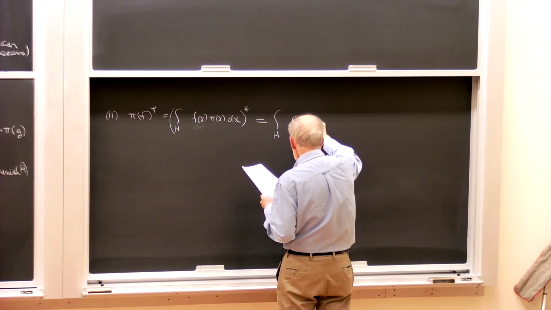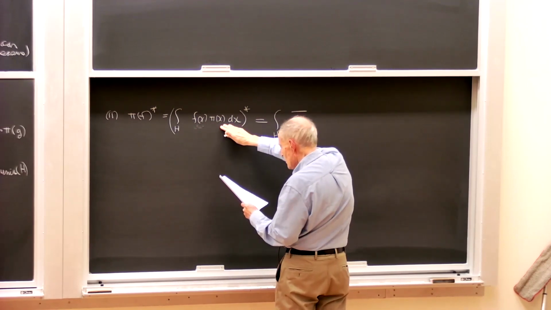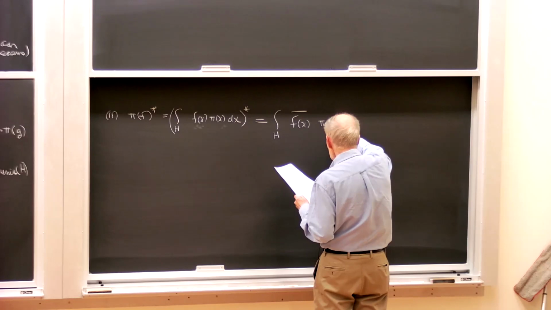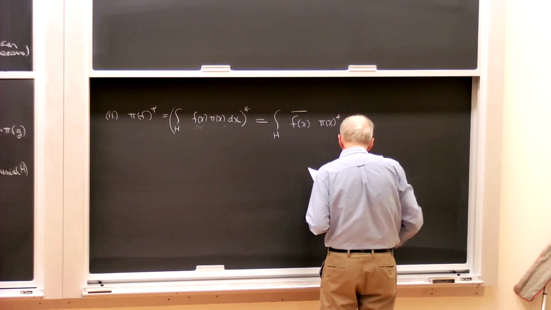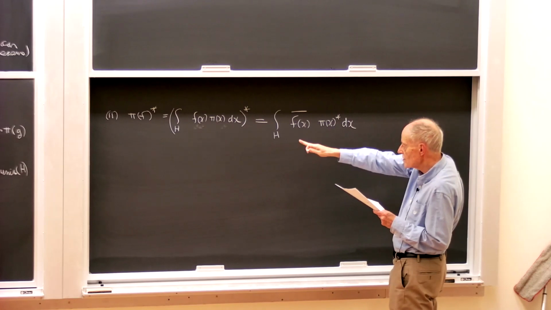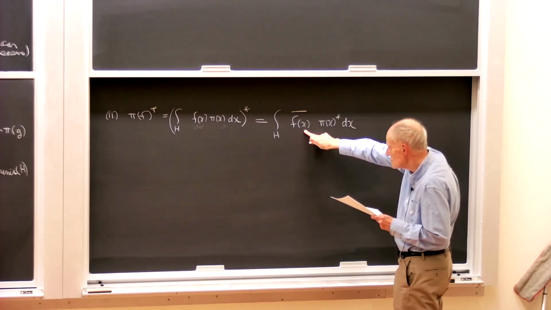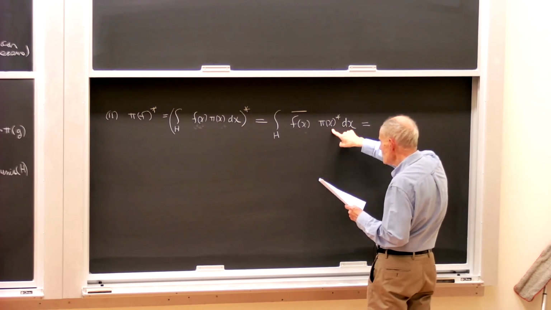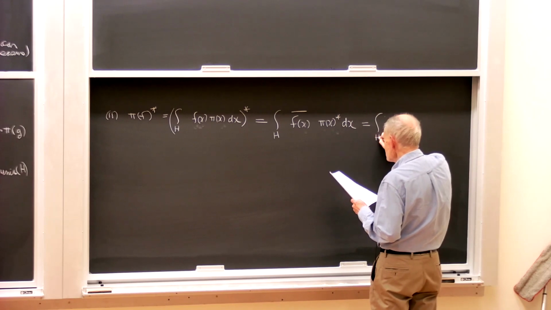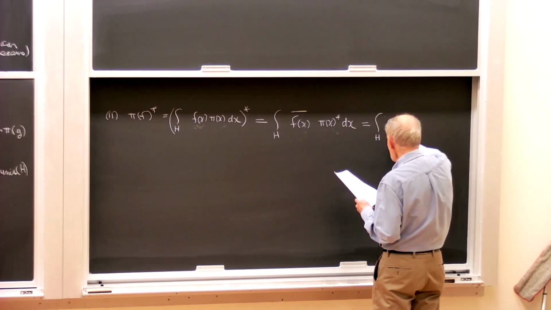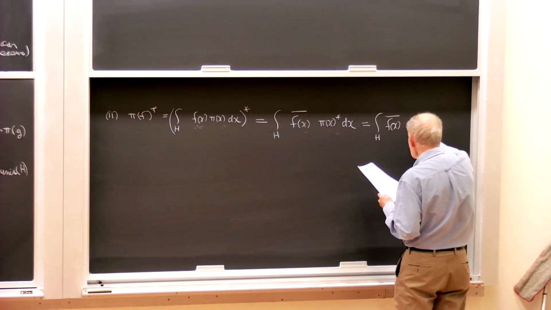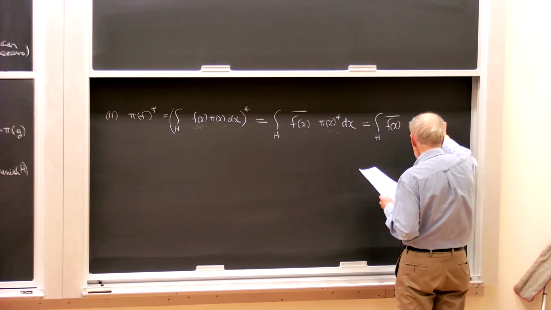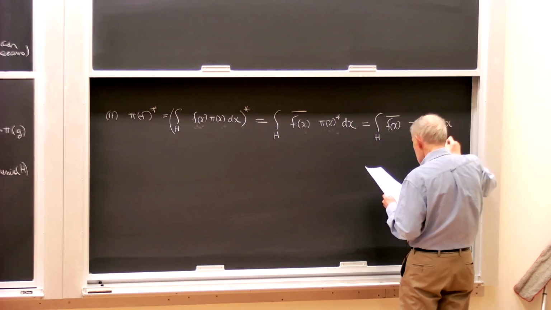So that would be f of x bar, and then the adjoint of the operator pi of x. It's the integral over h of f of x bar, pi. Because this is unitary, this is equal to the inverse operator, in other words, pi of x to the minus 1 dx.